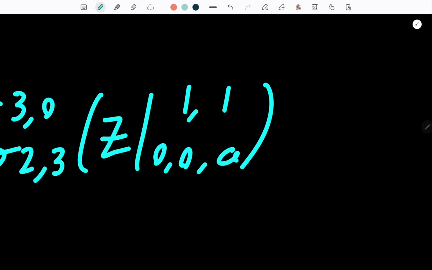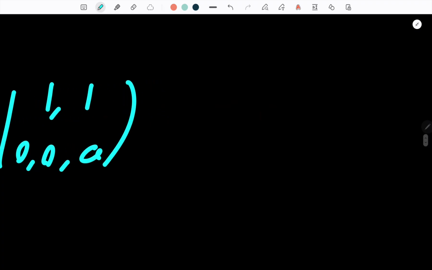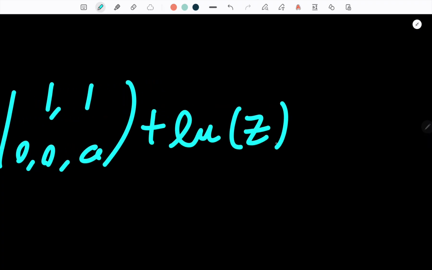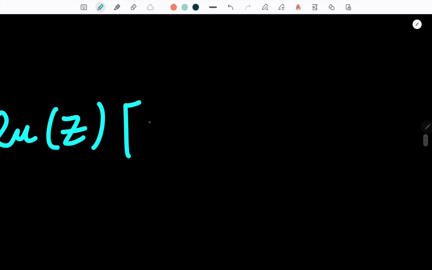And then we'll add ln of z times the incomplete gamma function of a, comma z again. There we go.